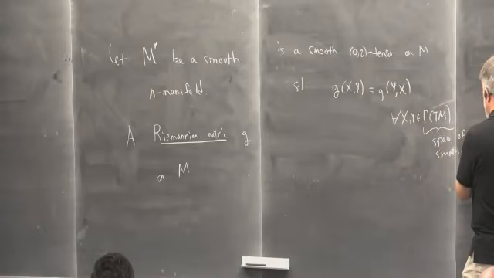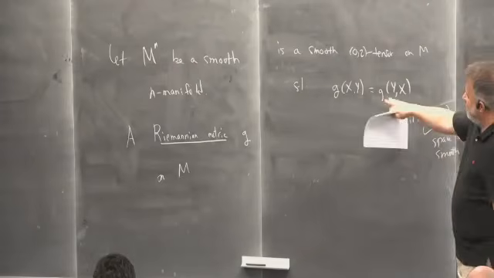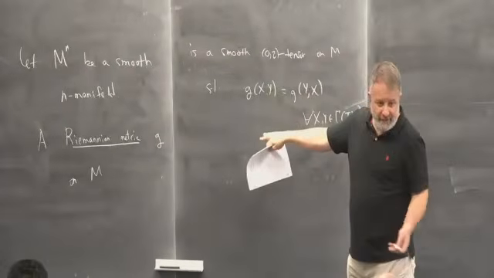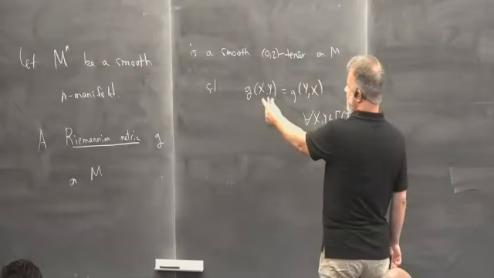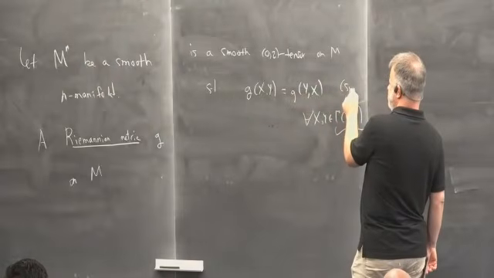That's the standard notation. So what does a (0,2)-tensor mean? It means that it eats 2 vector fields and gives you a smooth function in a tensorial way, right? So this says that it's symmetric.